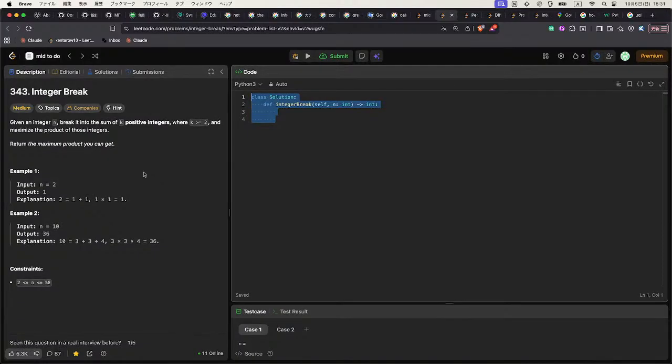The first question to me: do we have to generate all possible combinations? So here, all possible combinations means the combinations of k positive integers.